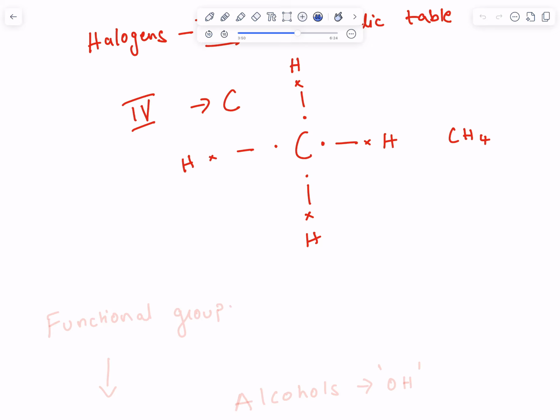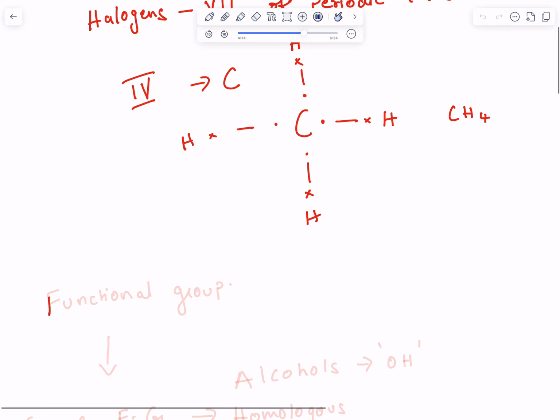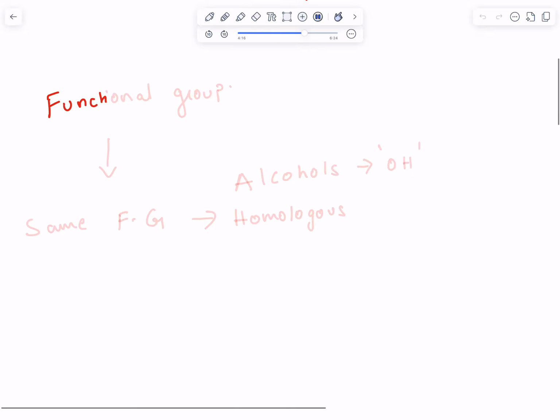Always remember, because carbon forms a vast number of compounds and it can form strong covalent bonds with itself, this property of carbon enables it to form long chains of carbon atoms and an infinite variety of carbon compounds. Now, what is a functional group? The first thing you will encounter, what is a functional group in organic chemistry?